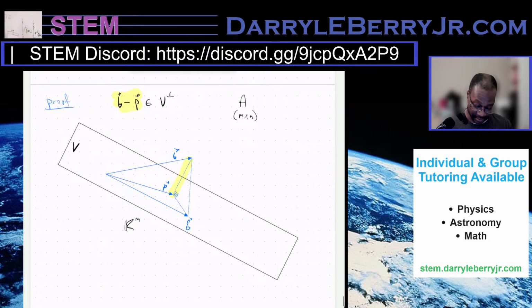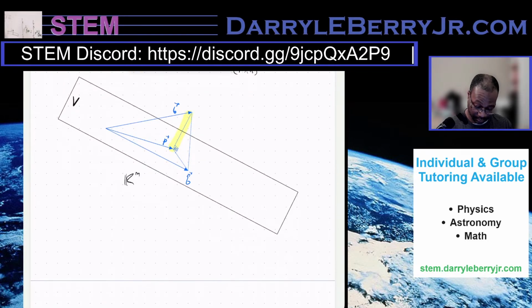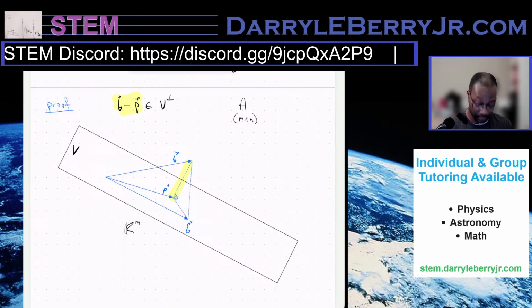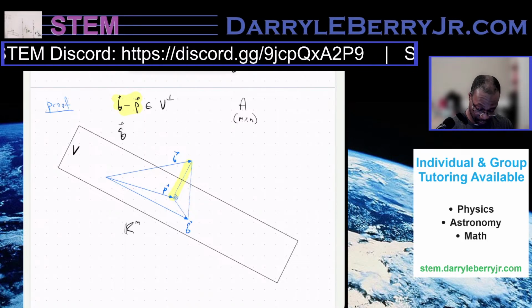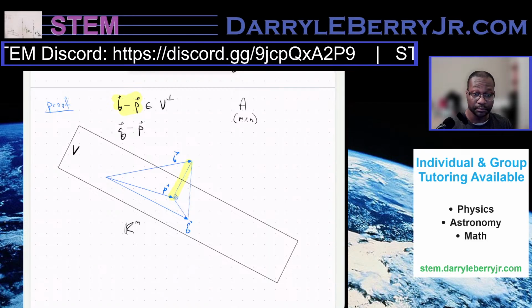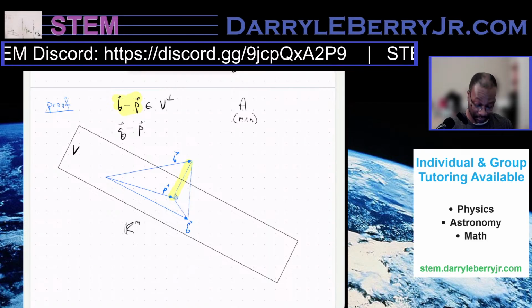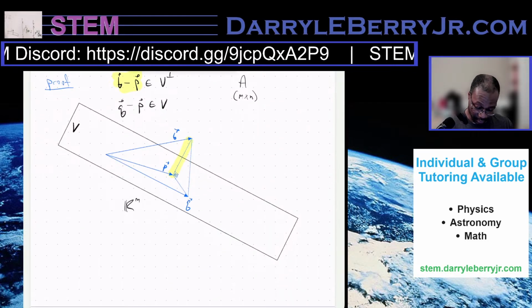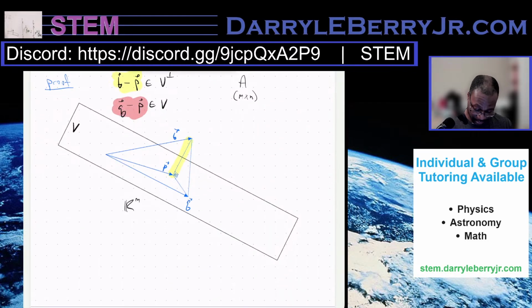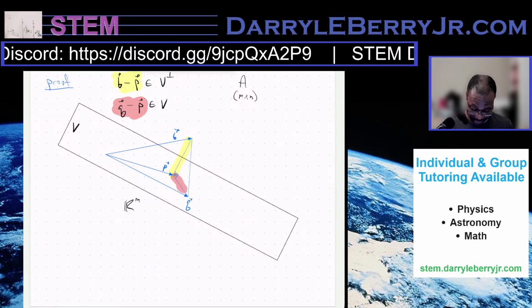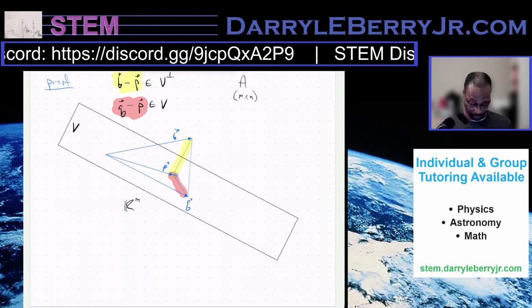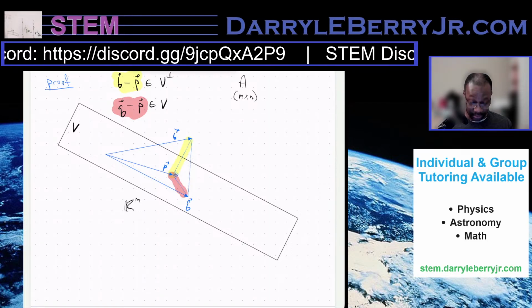And Q minus P is in V. So we'll call this Q minus P, and it's in the plane.